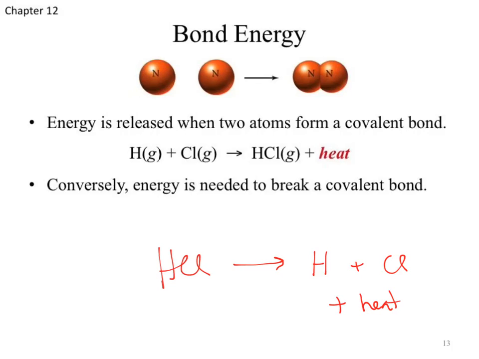No. Just like when we were doing our conversion factors, I said, where do you put your numbers? You put your numbers based on where they showed up next to. Where did our heat term show up next to? HCl. Where should the heat term show up if I reverse the equation? Next to the HCl. What does this now mean?